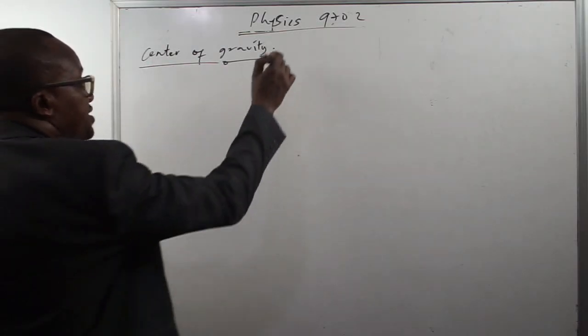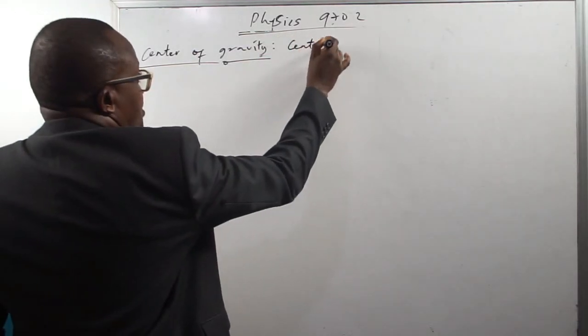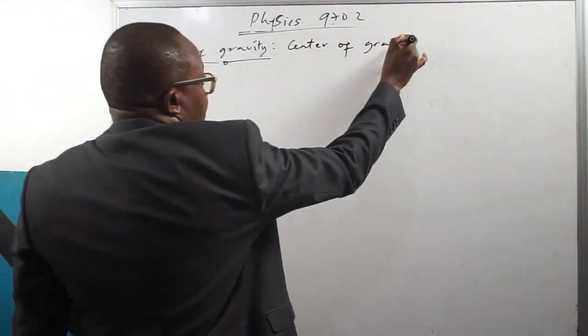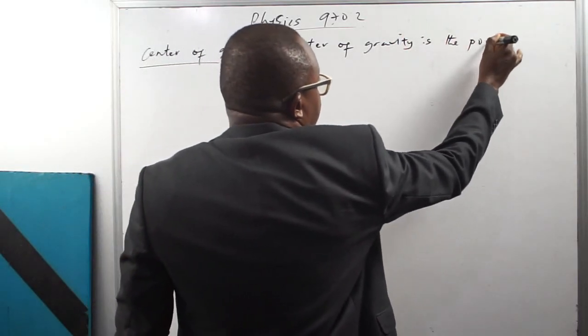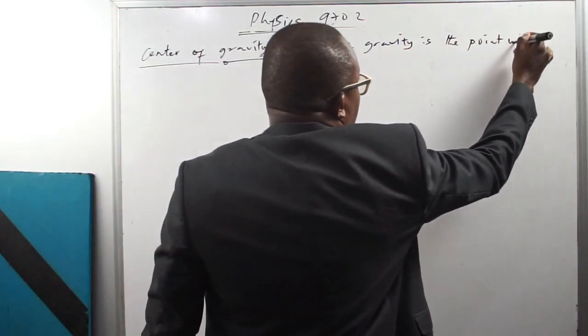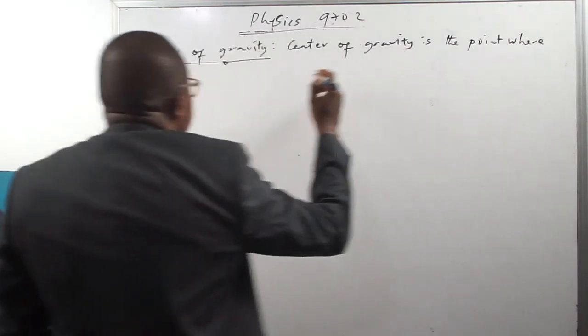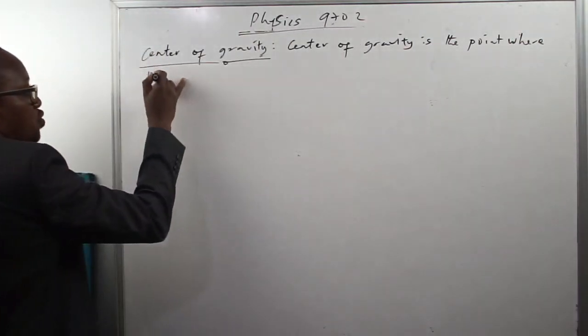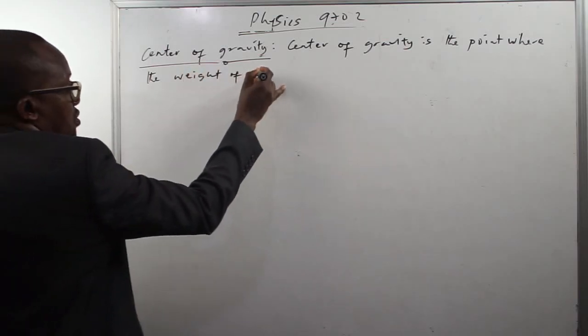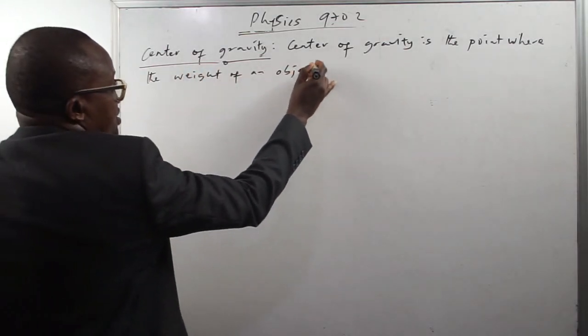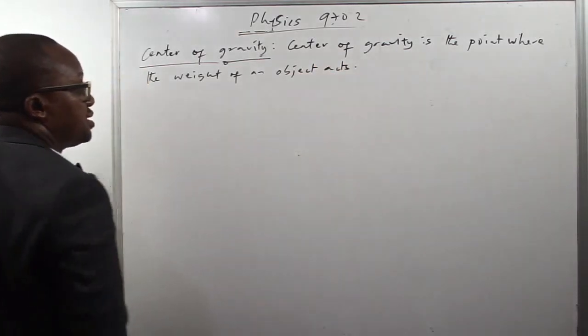So center of gravity is the point where the weight of an object acts.